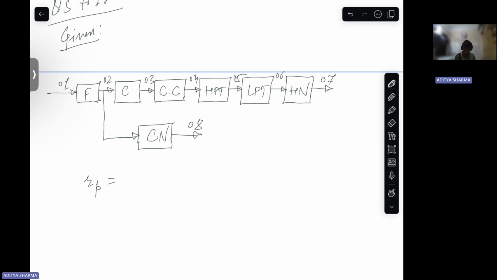Okay, so pressure ratio is 22.0, total pressure ratio. For fan, it is 1.56. Bypass ratio is 4.5.